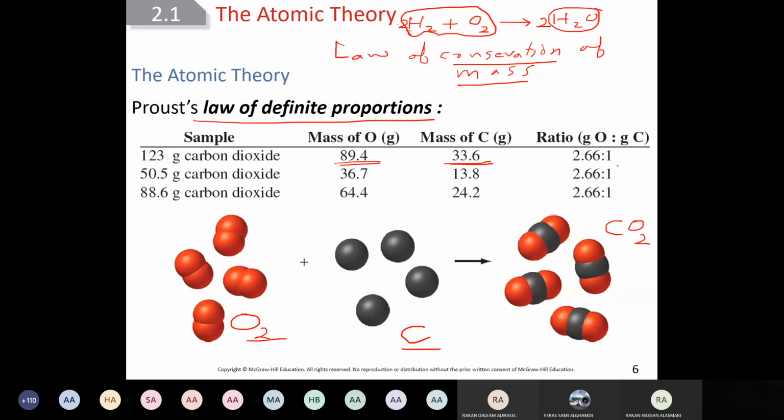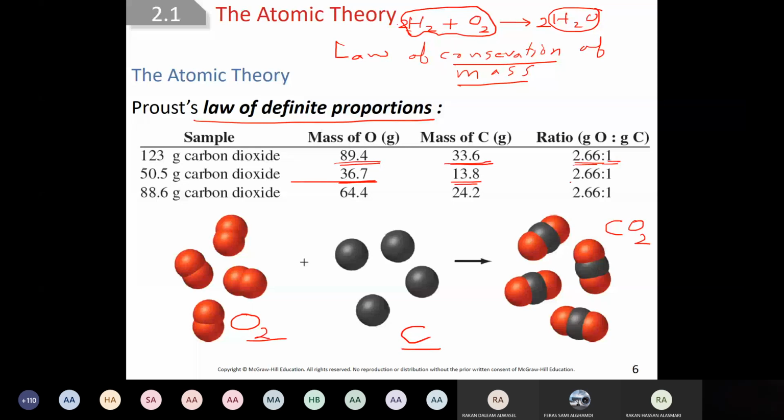What's the ratio? It is 2.66 of oxygen to 1 gram of carbon. If I take another sample, 13.8 gram carbon, reacted with oxygen, I will find the mass of oxygen is 36.7.